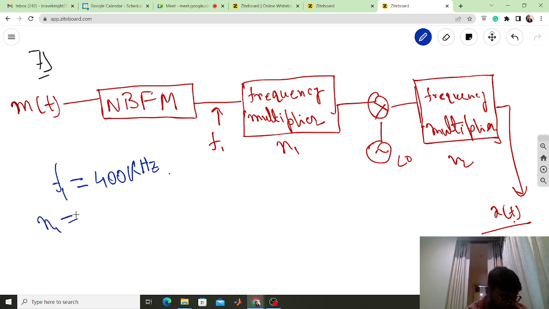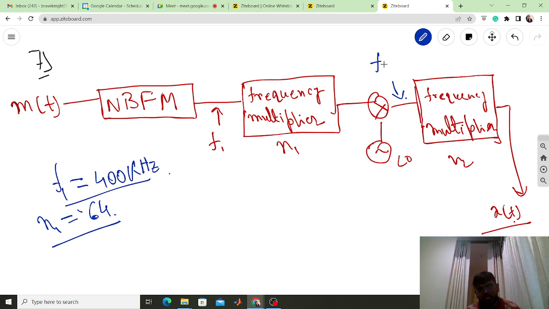N1 was 64, and the first question was about what should be the frequency here. Let us say that is F2. We say that FLO 2 here. So for FLO 1 and 2, there will be two frequency components we have found.